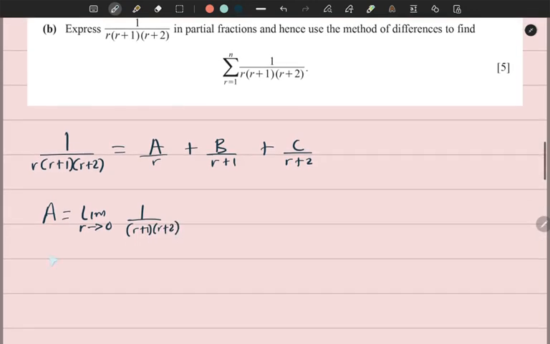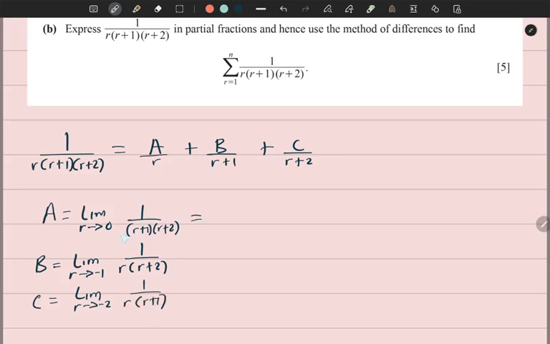To get B, we use the limit as r tends to minus 1, then 1 over r plus 2. And for C, we use the limit as r tends to minus 2, then 1 over r plus 1.